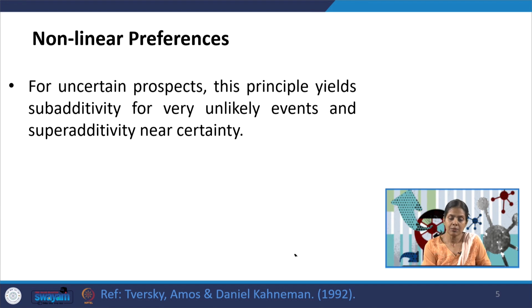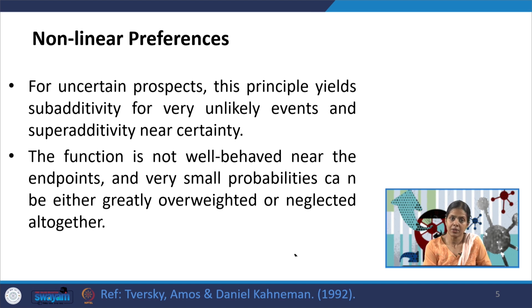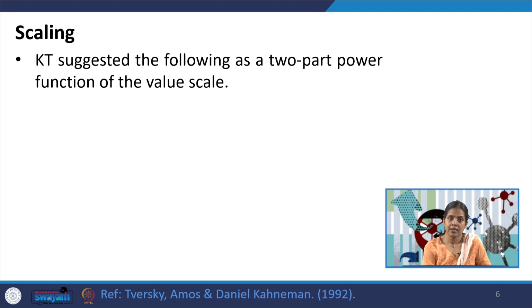For uncertain prospects, the principle yields sub-additivity for very unlikely events and super-additivity near certainty. The function is not well behaved near the endpoints, and very small probabilities can be either greatly overweighted or neglected altogether. Kahneman and Tversky suggested the following two-part power function of the value scale.